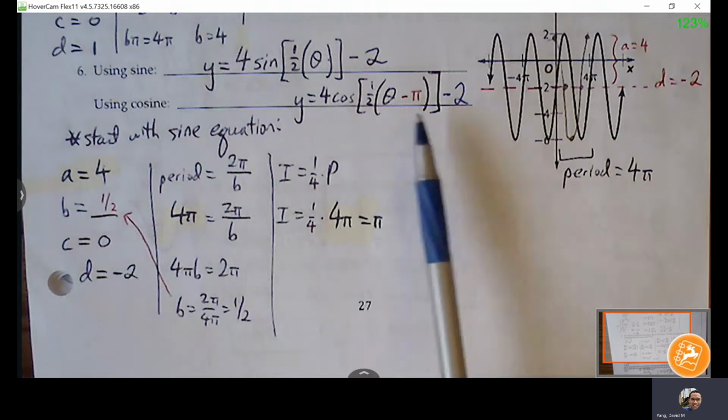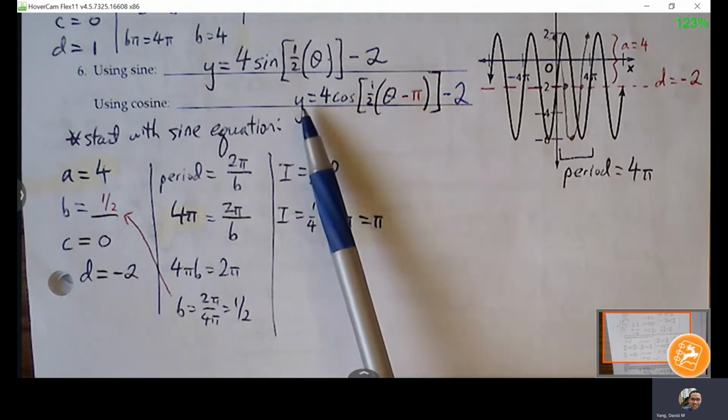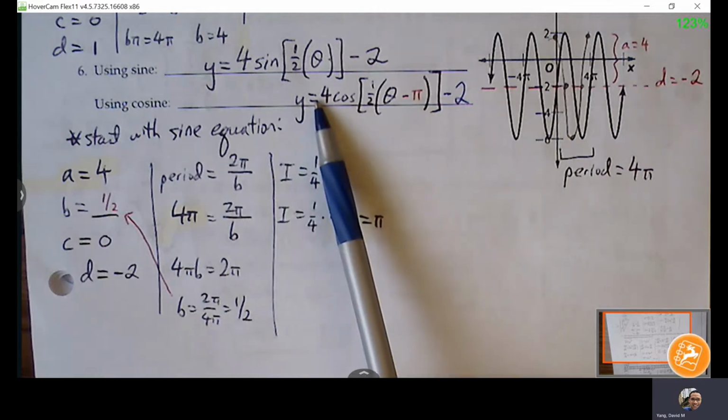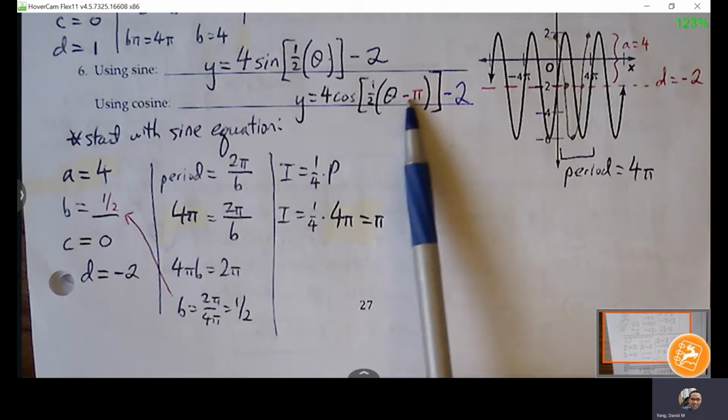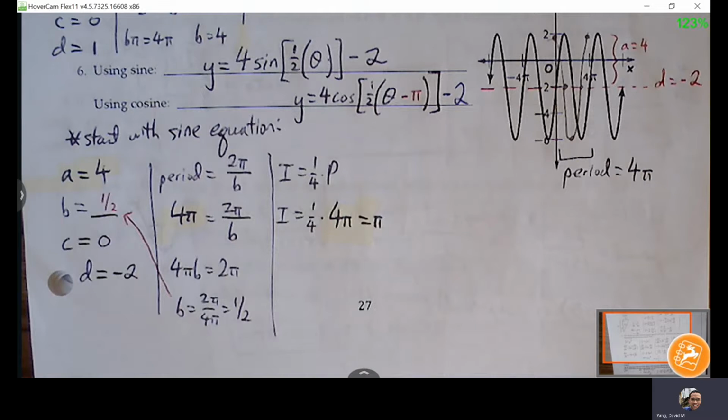If you did plus pi here, that means you would have to get up to -4. So I think the easier one is to do minus pi, but if you do plus, you can flip it. That works too.